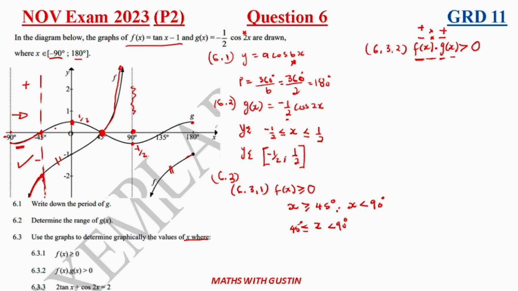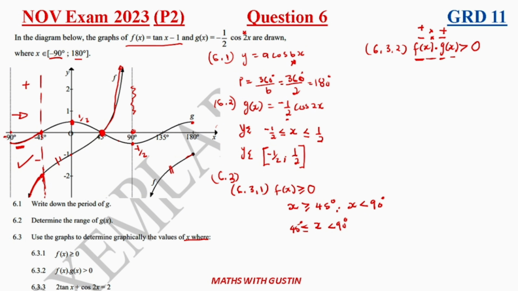And then here you see the other one is positive, the other one is negative, therefore it's not. And then when you come to 0, the other one is positive, the other one is negative, so this won't work. When you come to 45 here, this is the point of intersection, so both of them are 0 basically. But we are looking for something greater than 0. Okay, so here the other one is positive, the other one is negative, so it won't work.